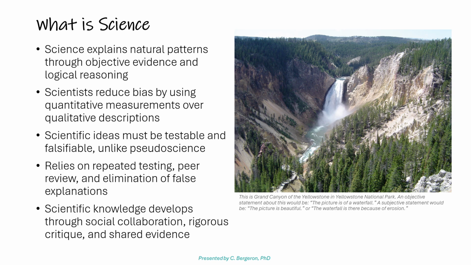Another way to think of science is as a method, a method for understanding the natural world. The scientific method, for example, which we'll talk about on the next slide, is just that. It's a method, right? It's a systematic approach to understanding the natural world.